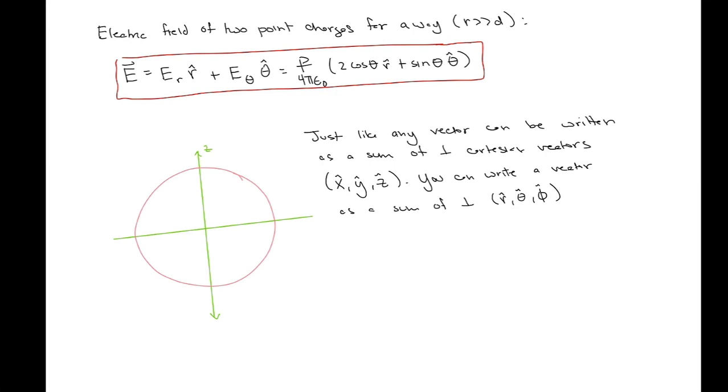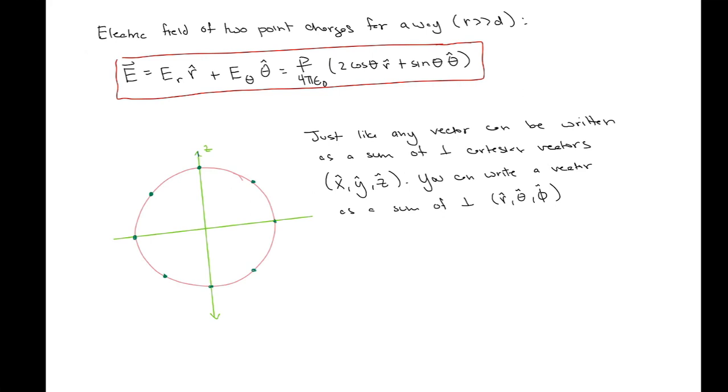So what do those vectors look like? Well, if I come over to the circle, I drew it because it would help me. If I define some points here along the circle, I can actually draw what those vectors look like at those points.